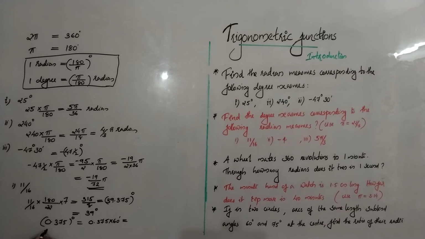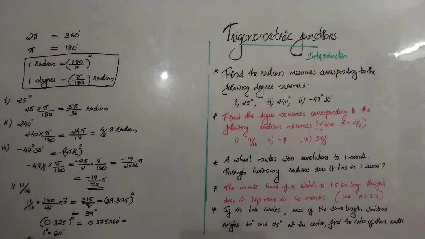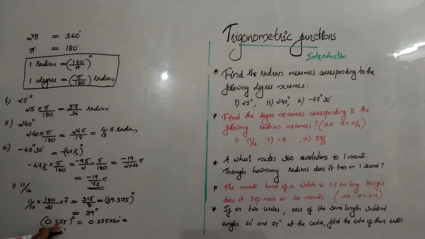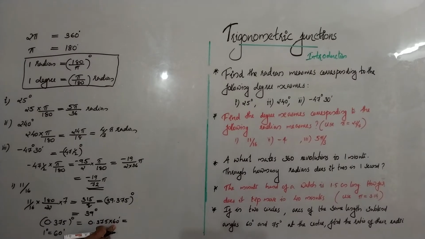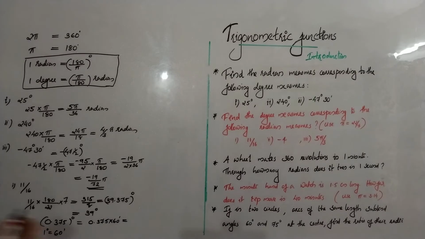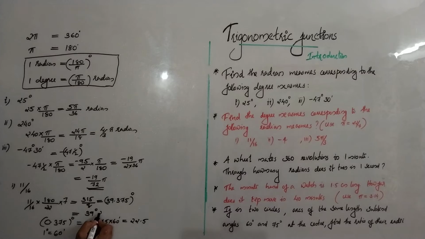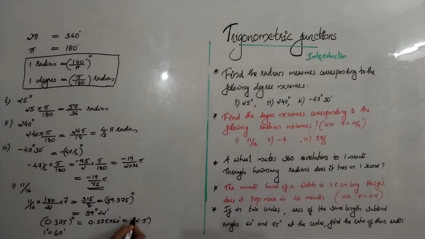1 degree is divided into 60 minutes, then 0.375 degree is 0.375 into 60 minutes, that is 22.5, 22 minutes.